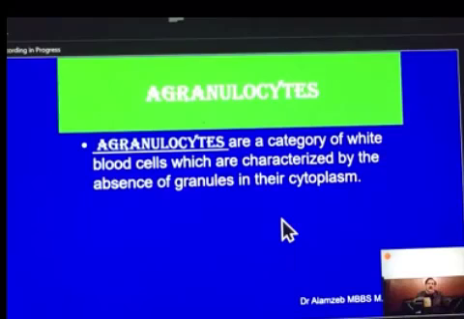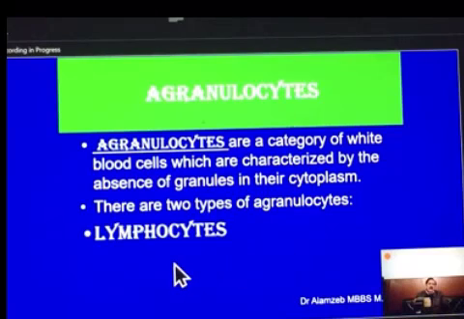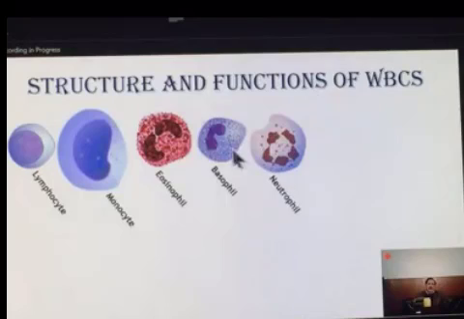Now, agranulocytes are those which have no granules in the cytoplasm. Their cytoplasm is clear. And there are two types of agranulocytes. One is called lymphocyte and the other is called monocyte. Here you can see the structure of these cells.